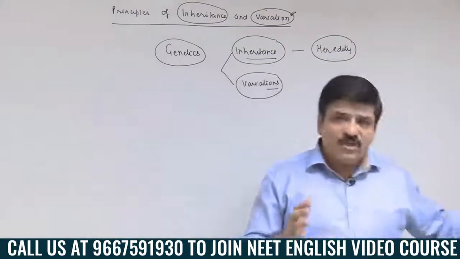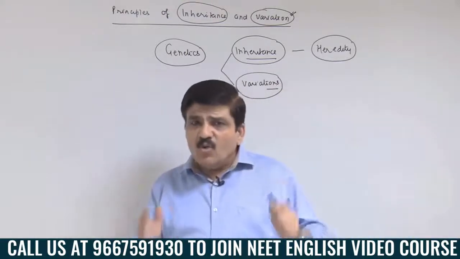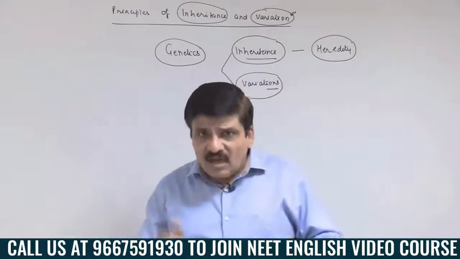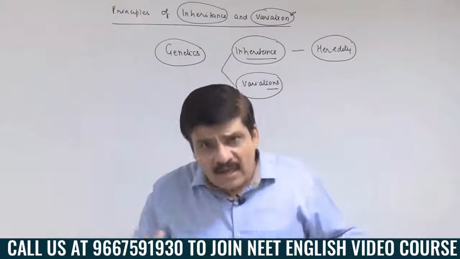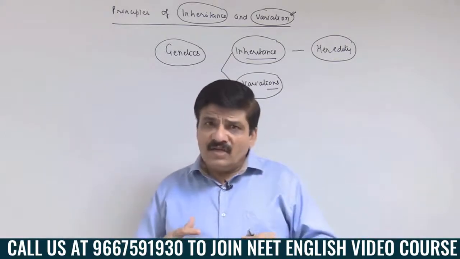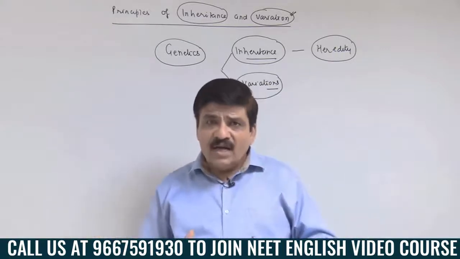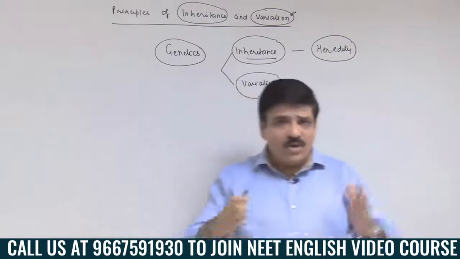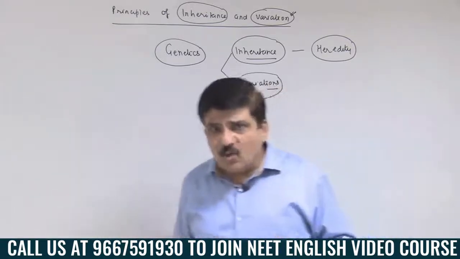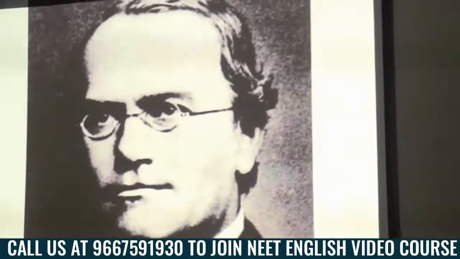This person was an Austrian monk, and he was the first person who gave us the correct ideas, backed up by data analysis, that came to be known as the laws of genetics. And this is how this branch of biology, that is genetics, got firmly established. So let us look at the picture or photograph of the father of genetics. This person is Gregor Johann Mendel.